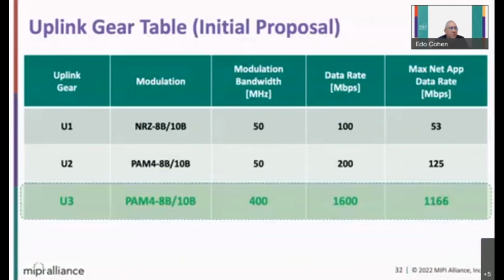For the uplink gear table, we will add another gear, U3, which will maintain the same modulation scheme as gear U2, the previous high-speed gear, and increase the modulation bandwidth from 50 megahertz to 400 megahertz.